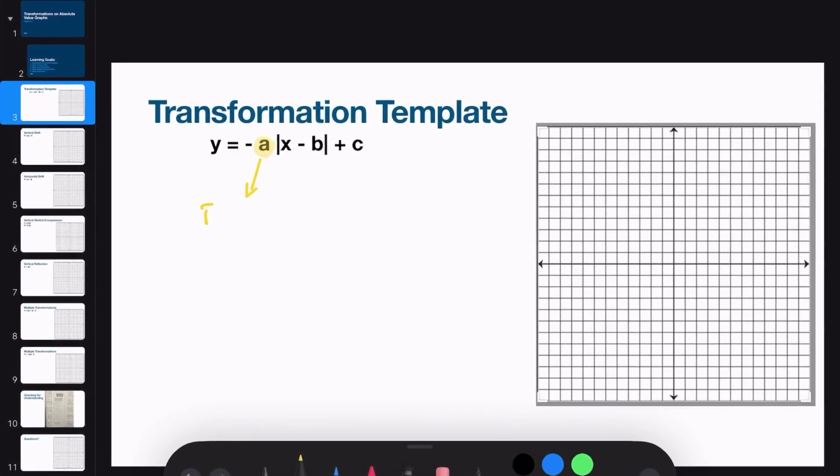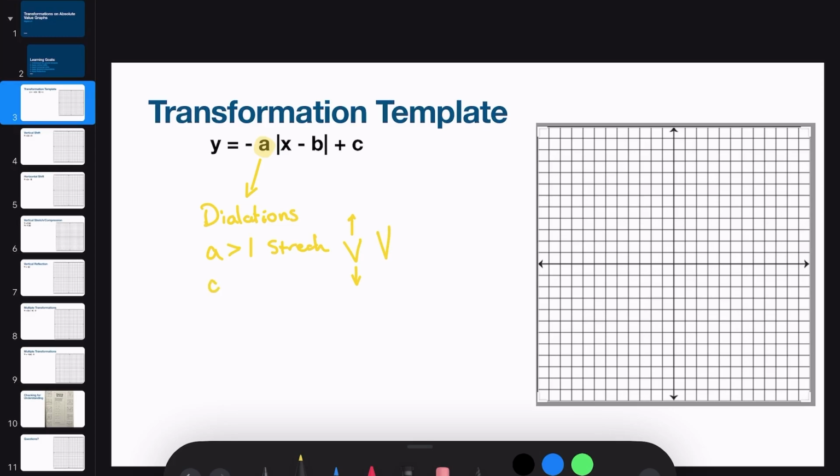Technically, they are called dilations. But what we're going to look at is if A is greater than 1, it's going to stretch this graph. It's going to be like silly putty, where you take a graph and if you pull it up and down, it's going to stretch it and make it skinnier.